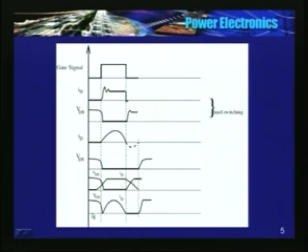Whereas in a soft switch converter, see, the voltage has become 0. How will we see this? I said we need to use a separate L and C. Voltage across the device has become 0 and then slowly current starts rising. So voltage across has attained its saturation value, current starts rising.